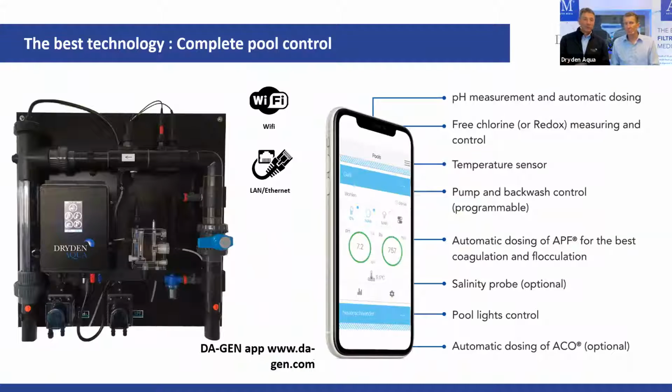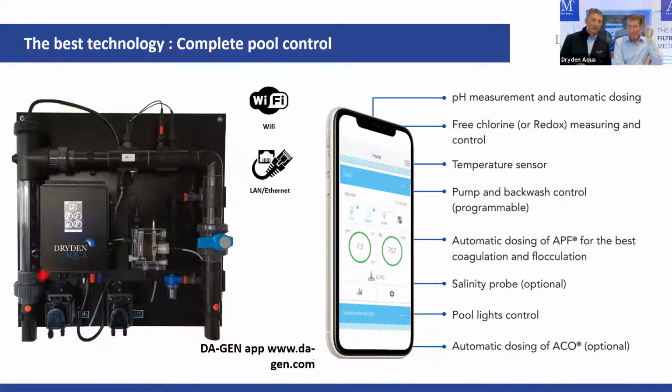Here you see how we are doing this. This comes on a plate, all mounted, and this system has a pH measurement with the pH probe, pH pump, and suction lance. It has a free chlorine sensor, a temperature sensor, and a flow switch.